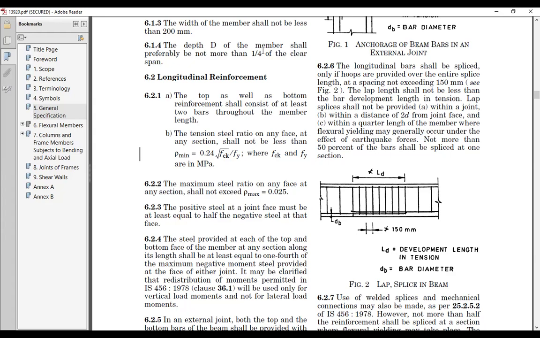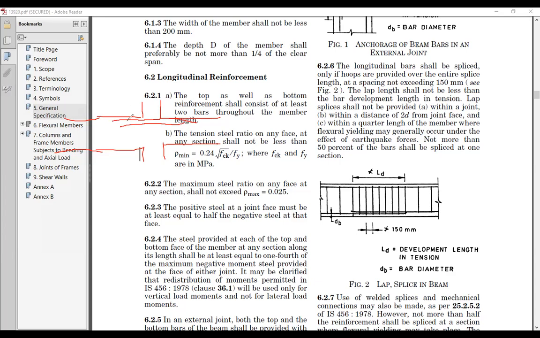Okay, if your negative steel is required at the top, I will just show you what this means. So let us say this is your column. Okay, this is your beam. Okay, I hope it is visible. Suppose at the top the reinforcement is coming out to be 4 bars of 25.